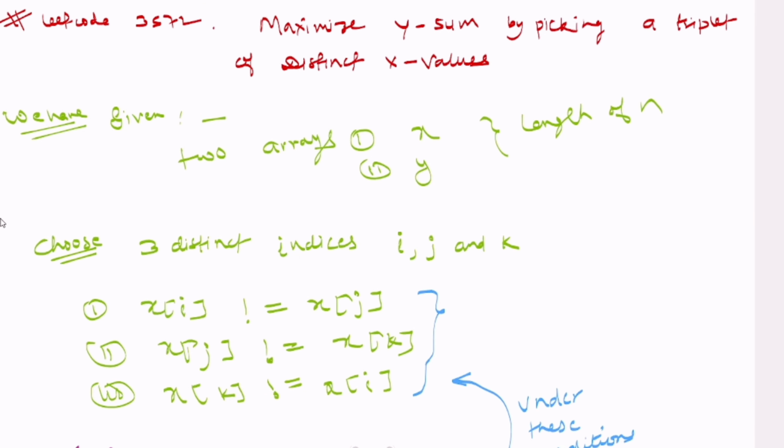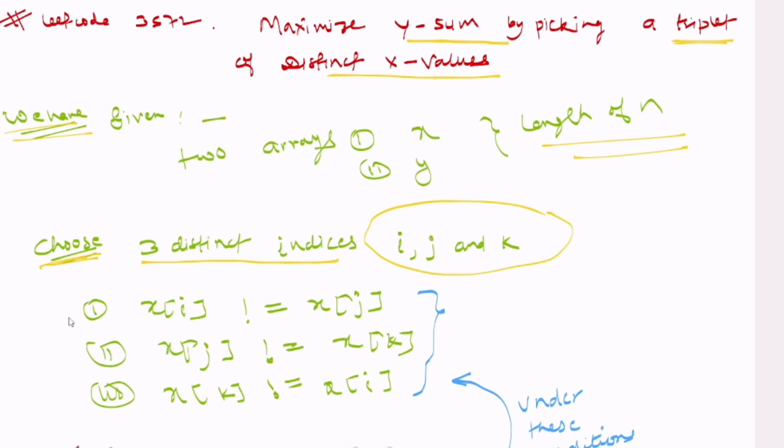We are talking about LeetCode 3572. We have to maximize the y sum by picking triplets of distinct x values, which means the x elements are distinct. We are given two arrays x and y of length n, and we have to choose three distinct indices i, j and k in the array x.